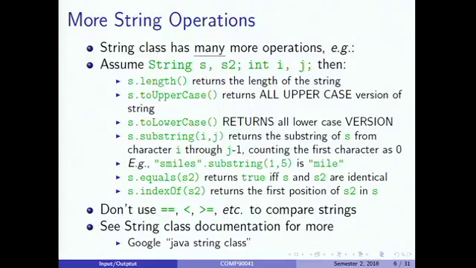Okay, so that's substring. The next one is equals. If you want to compare two strings to see if they're equal, you have to use equals. You can't use double equal sign. And here's the real gotcha. This is definitely an accident waiting to happen.